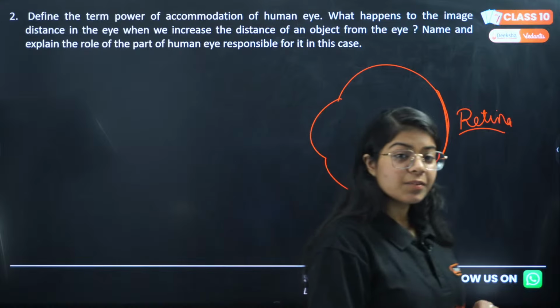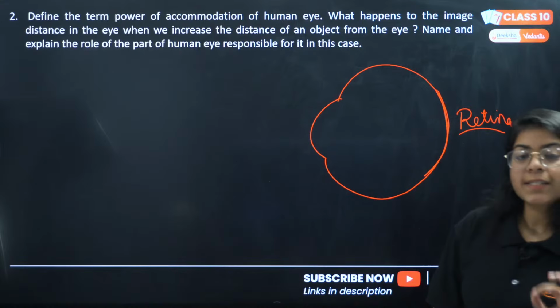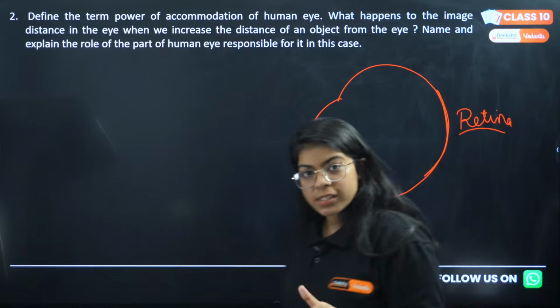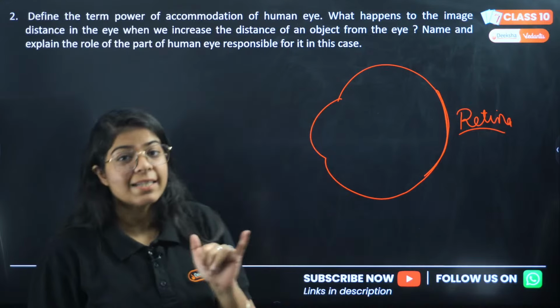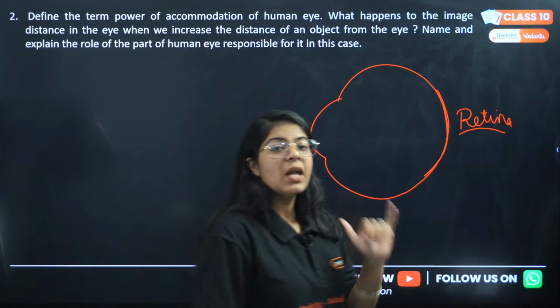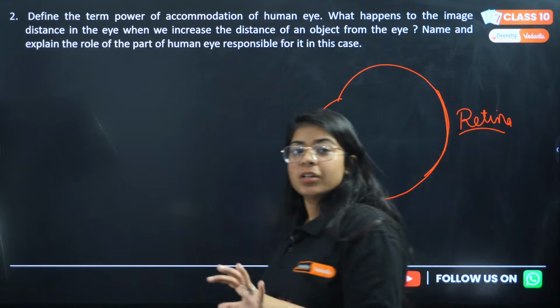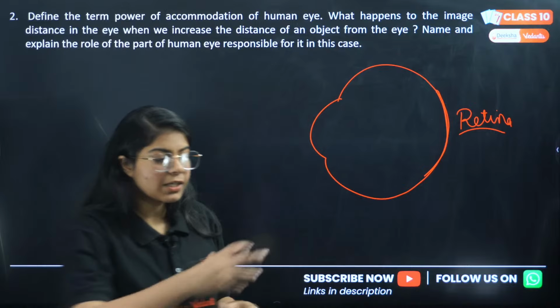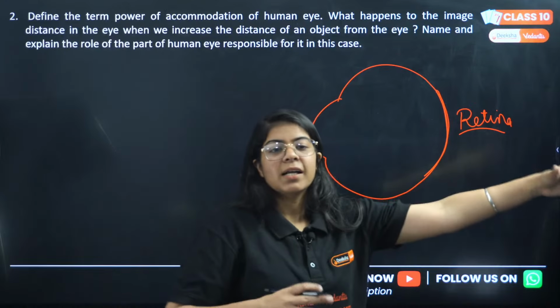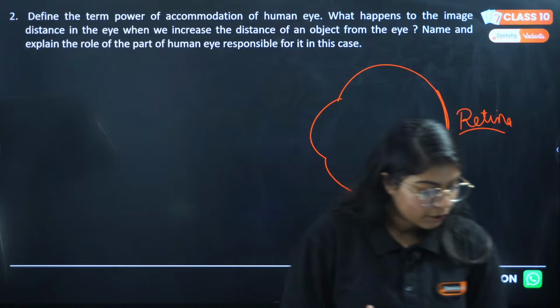What happens? This is a very important question. Listen carefully. Is my image distance not changing, or is it changing? You have to let me know what happens to the image distance of the eye when we change the distance of the object. If the object is here or it's here, does the image distance change or not?